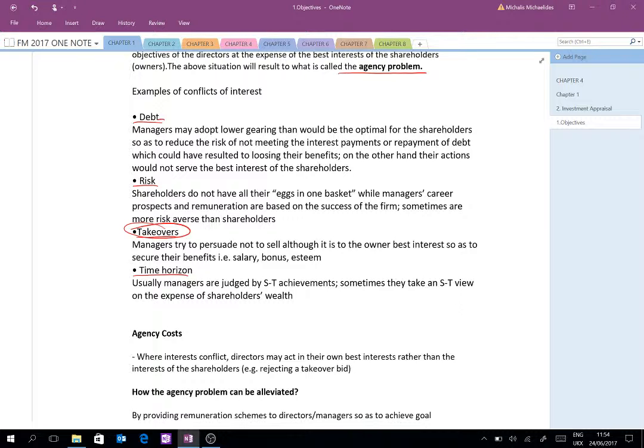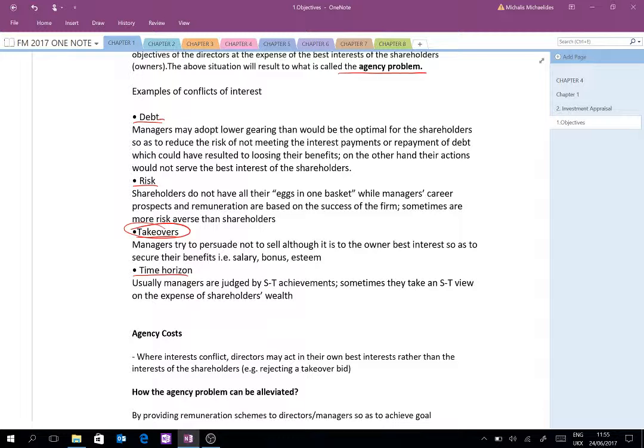But instead of doing that, they advised them to do exactly the opposite in an effort to safeguard their own interests, because they know that if this new company comes in, the new owner comes in, then there is a good chance that they might lose their jobs or the benefits and power that they used to enjoy. So instead of advising these owners to sell their shares, they advise them exactly the opposite, not to sell them. So that creates what we call the agency problem.